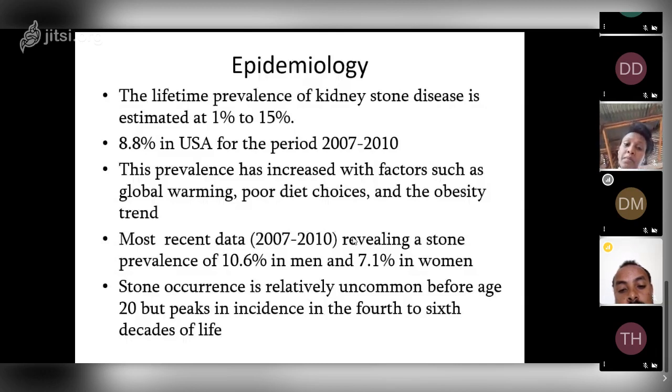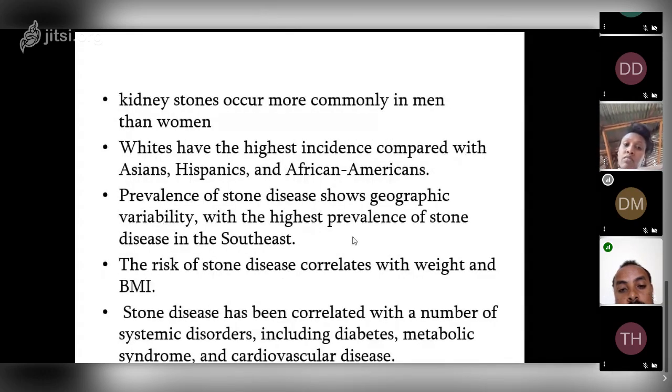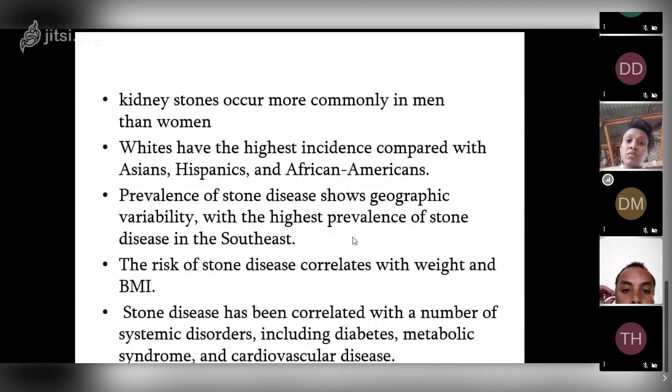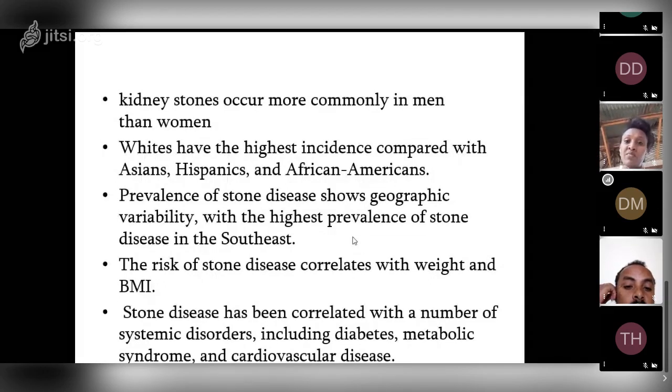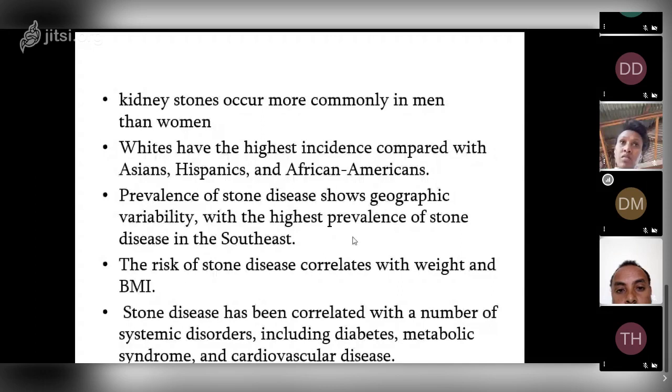Kidney stones occur more commonly in men than women, and whites have the highest incidence compared to others. Prevalence of stone disease shows geographic variability, with the highest prevalence in the southeast. Most of the time, this is because of the content of the water.